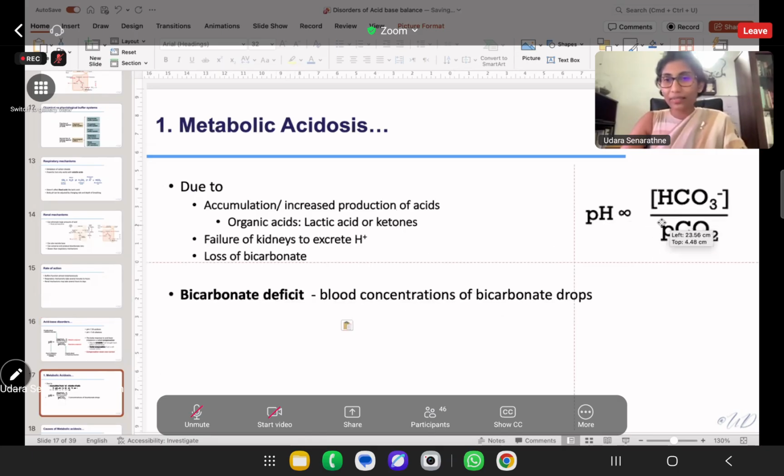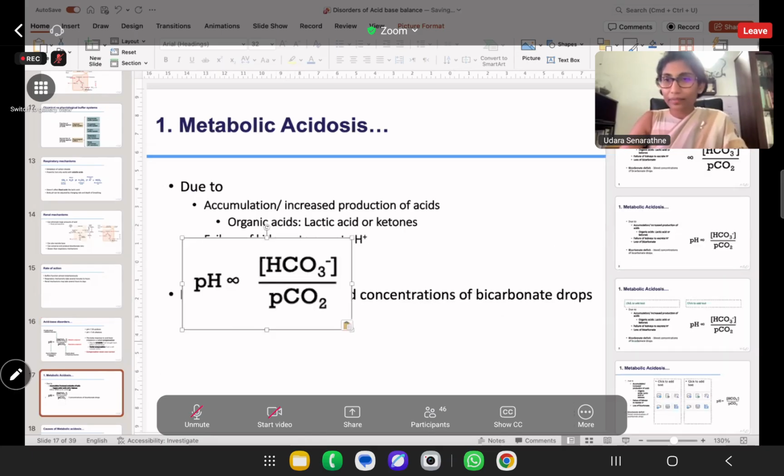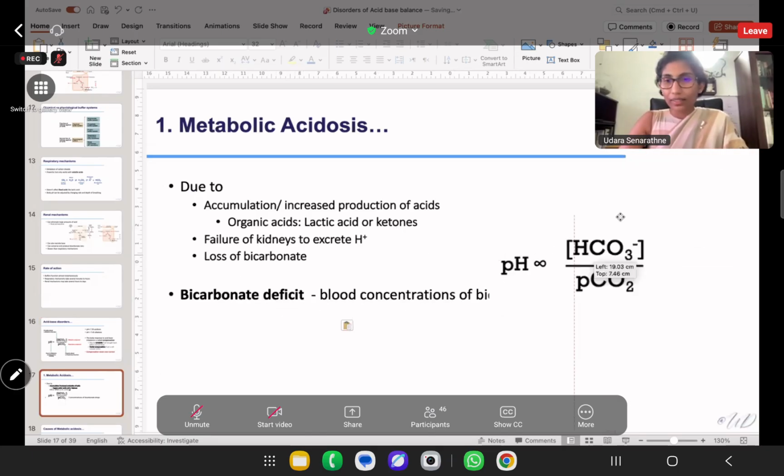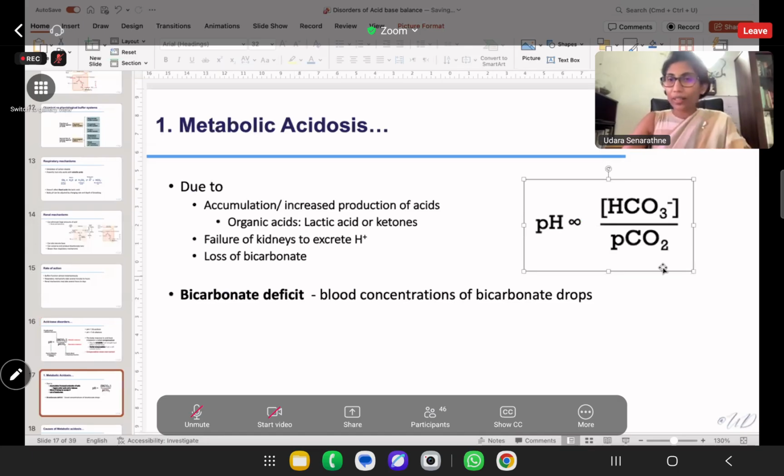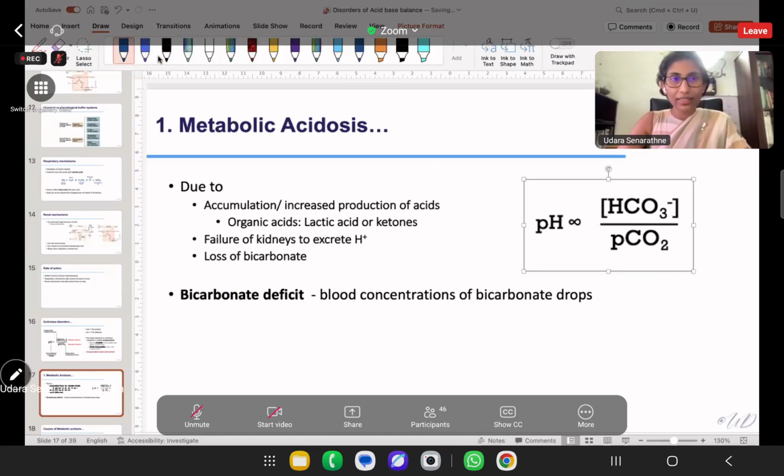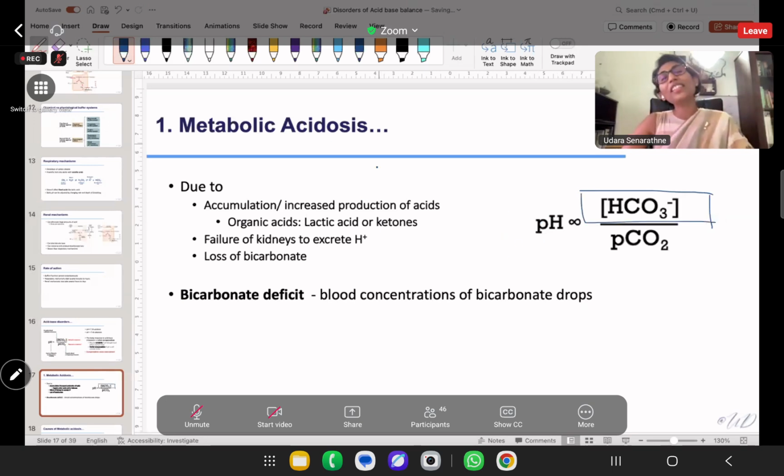Okay, so here, now, if your metabolic component is affected, it would be directly proportional to the pH. And here, if it is metabolic acidosis, what will happen?